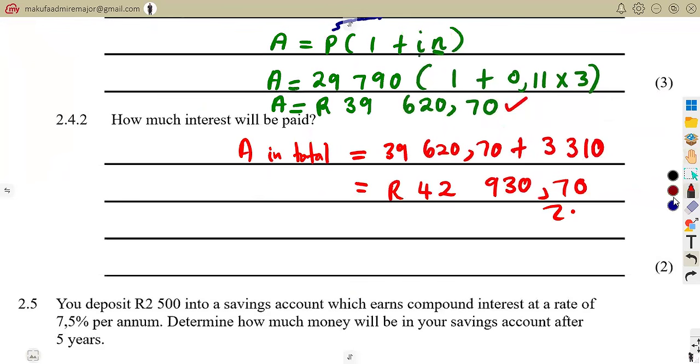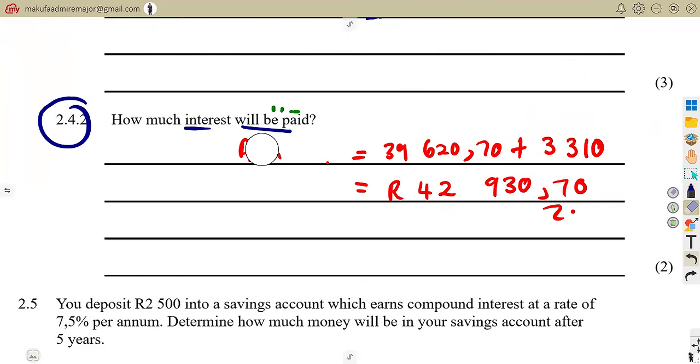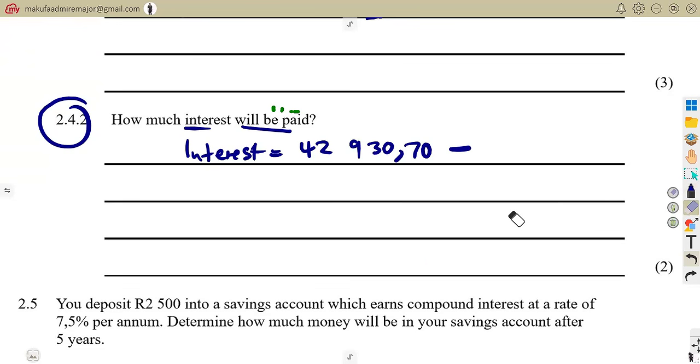Then on 2.4.2, they want you to determine how much interest will be paid. The interest is simply the total amount, everything that was paid in total, minus the actual cash price. So it is just a direct question. What he paid in total, 42,930.70, minus the exact price before he paid this.